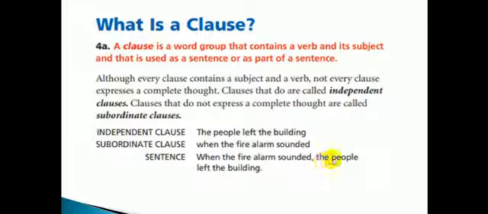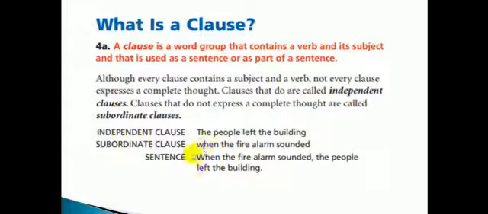But what if I start with the independent clause? It will be one sentence. It means no commas, nothing. It will be: the people left the building when the fire alarm sounded, without any punctuation. Of course, I will add the period at the end of the whole sentence.